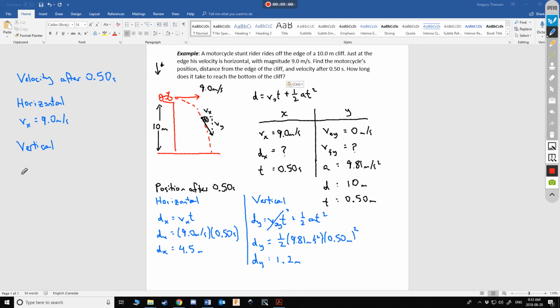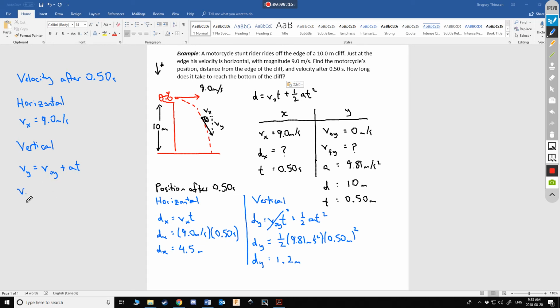There's some other equations. If you looked above in the notes, we have Vy is equal to V0y plus at. So we know our velocity is going to increase at a rate of 9.81 meters per second squared.